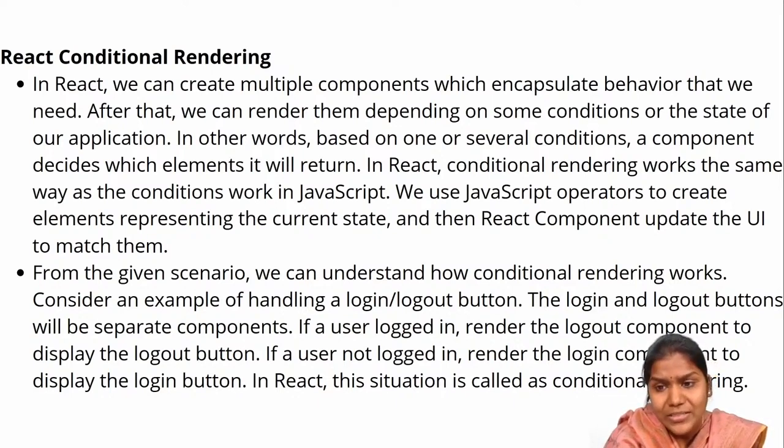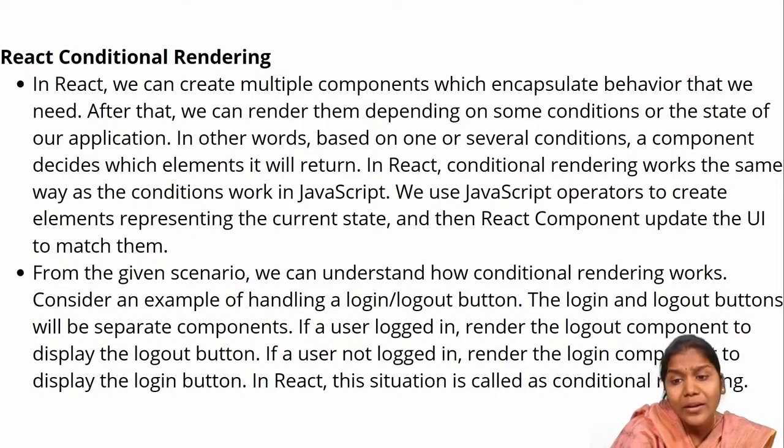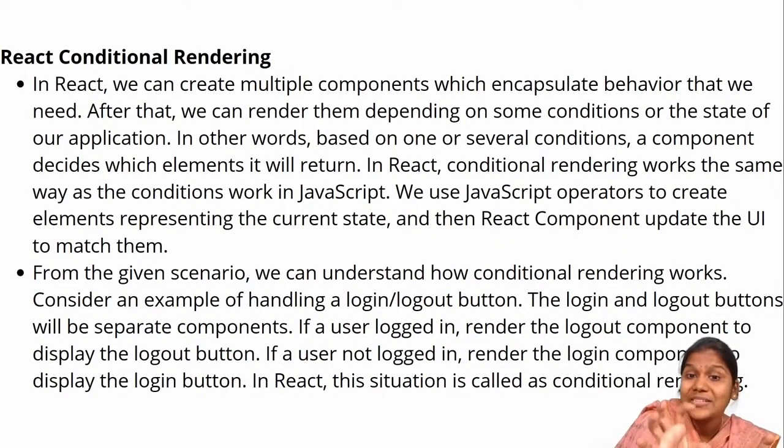So we use JavaScript operators to create the elements representing the current state, and then the React component updates the user interface to match them. So from the given scenario, we can understand how conditional rendering is going to work. Based on the conditions we have given, when a condition is satisfied, it is going to display my output.